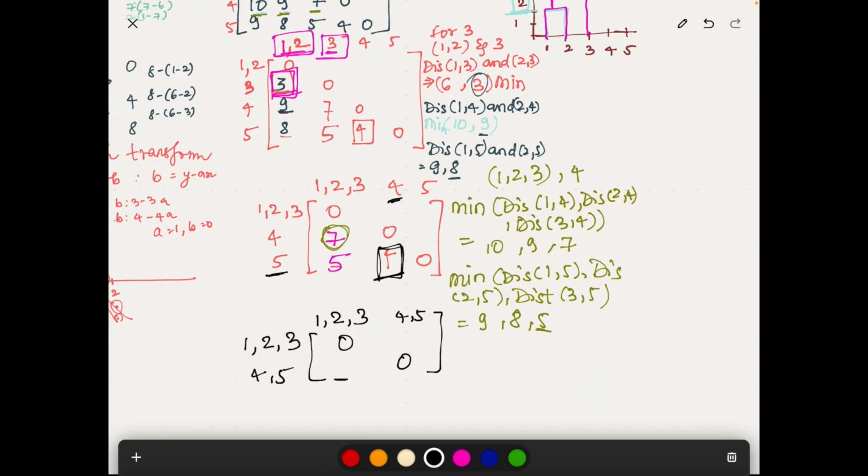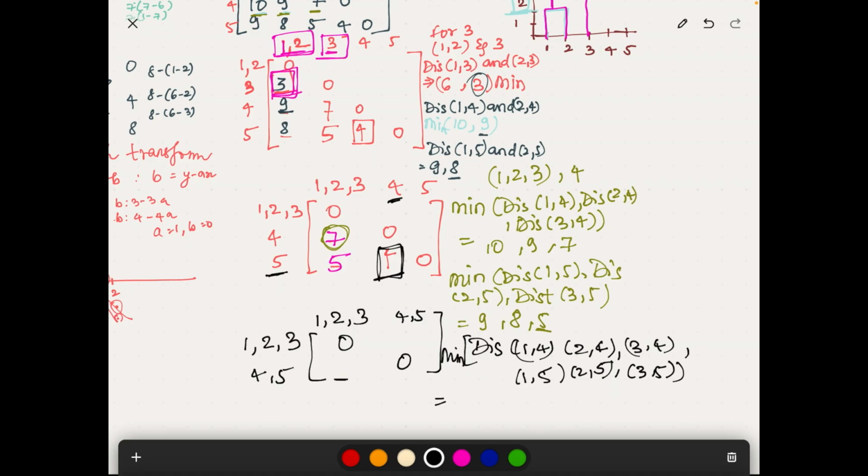So what we have to do is we have to find what is the least value for distance of 1,4, 2,4, 3,4, and 1,5, 2,5, and 3,5. So this has to be the minimum distance.